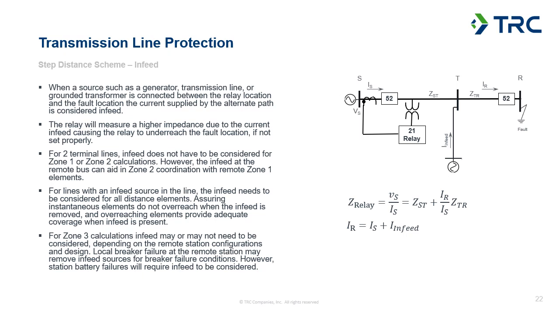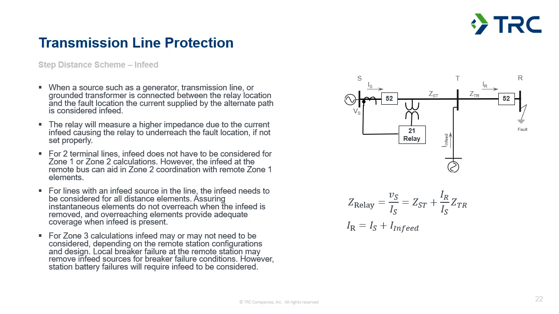Your zone 3 calculations may not be as impacted by this because, again, you're already looking at worst case infeed when you're calculating that, and they're looking so far into the system that the impacts of the infeed are going to be less than some of these other zones that are much less sensitive.